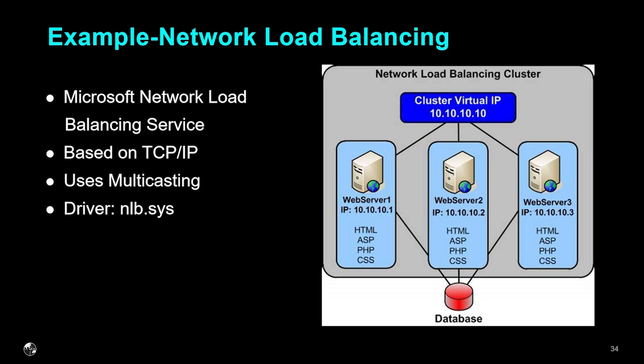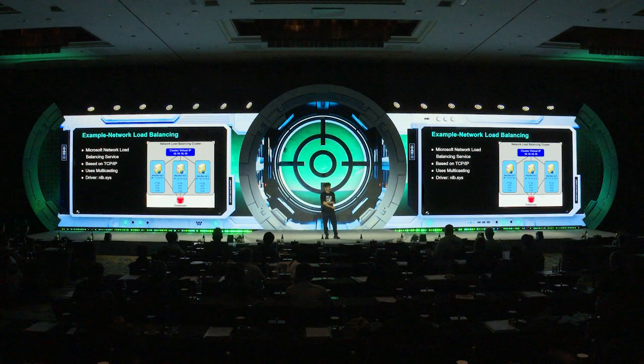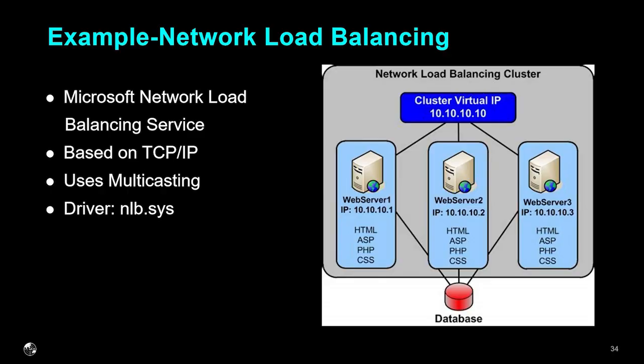When looking for Windows RCE bugs, you may see many network protocols, including well-known protocols and some custom protocols. This is an example bug we found in the Windows Network Load Balancing Server, which is used to balance the traffic in a cluster. The NLB driver uses a custom network protocol based on multicasting.